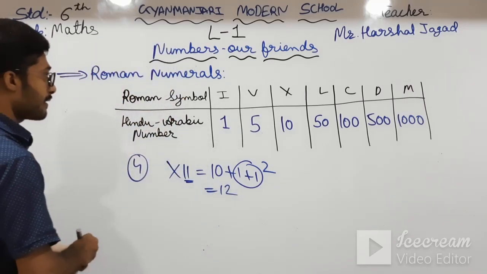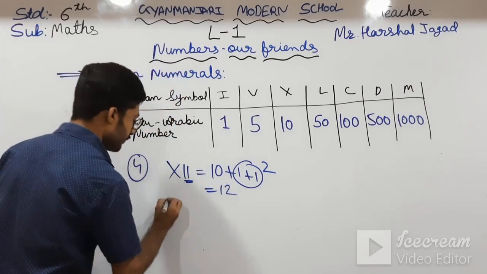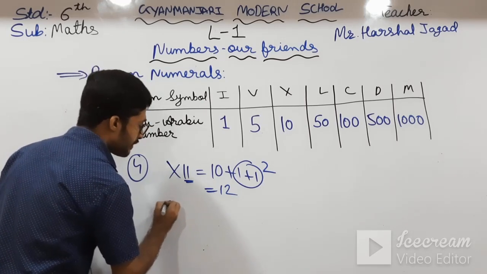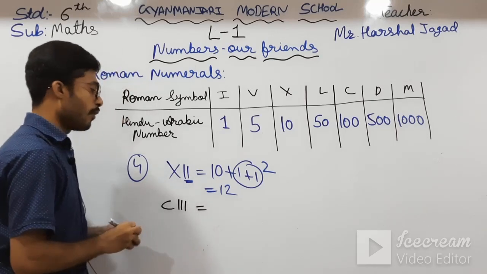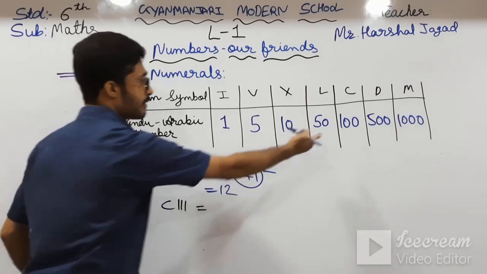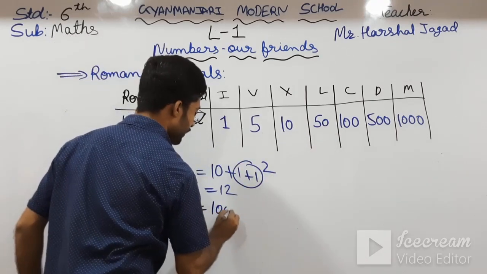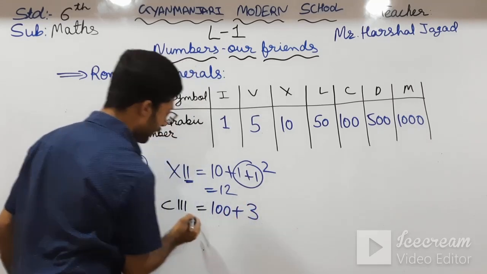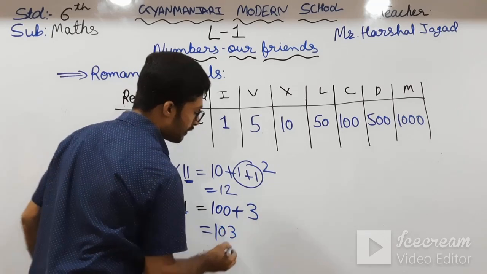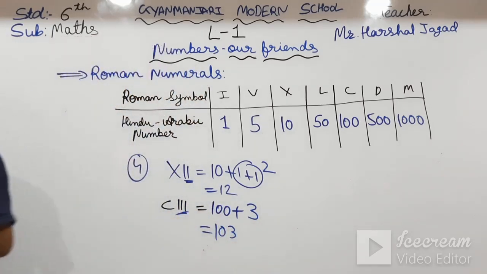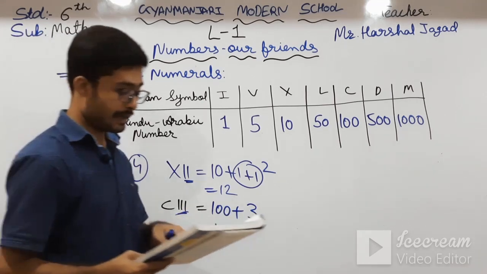And next, if I take C3, then what will be the answer, students? C means 100, 100 plus 3. Okay students, that is 103. This is your answer, and there are some more examples over here, that is LX.